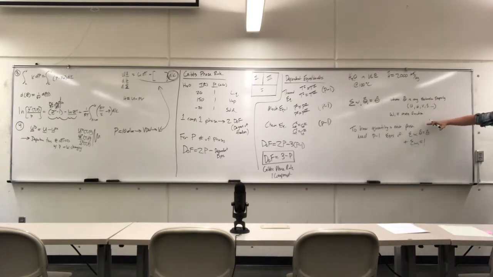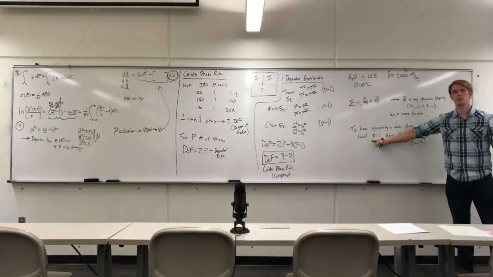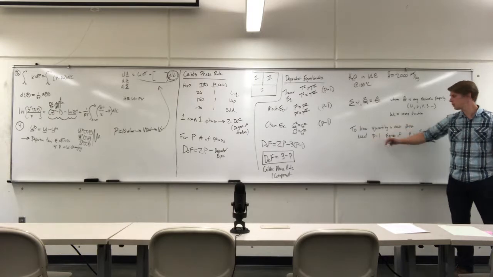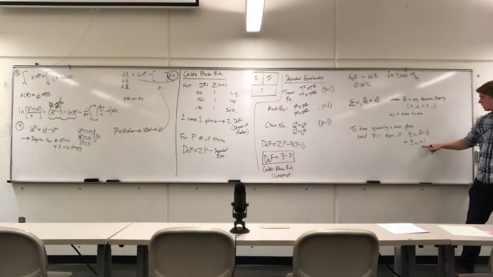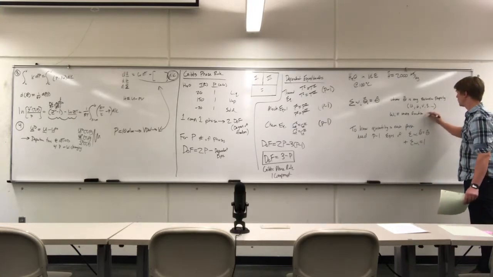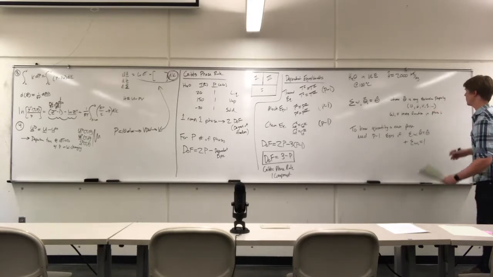So to know the quantity in each phase, we need additional expressions. We need an expression for each phase minus 1, noting that this omega i is equal to the mass fraction in phase i.